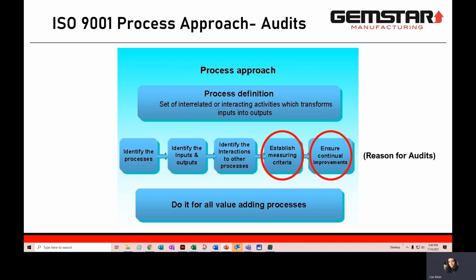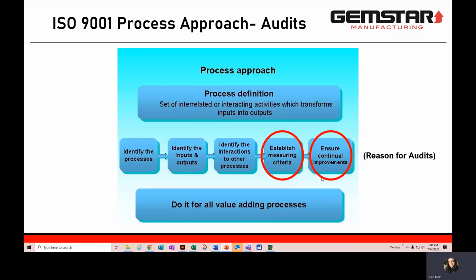By definition, when you think of a process, it's a set of interrelated activities which takes inputs and transforms them into outputs. What you're seeing on the screen here is a really simple diagram of that. ISO tells organizations that they need to take care with identifying their processes, identifying the inputs and outputs of each of them, and how they interact with other processes.